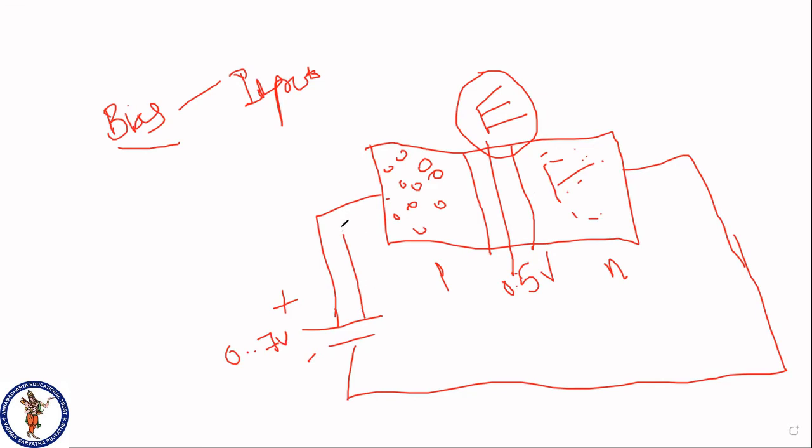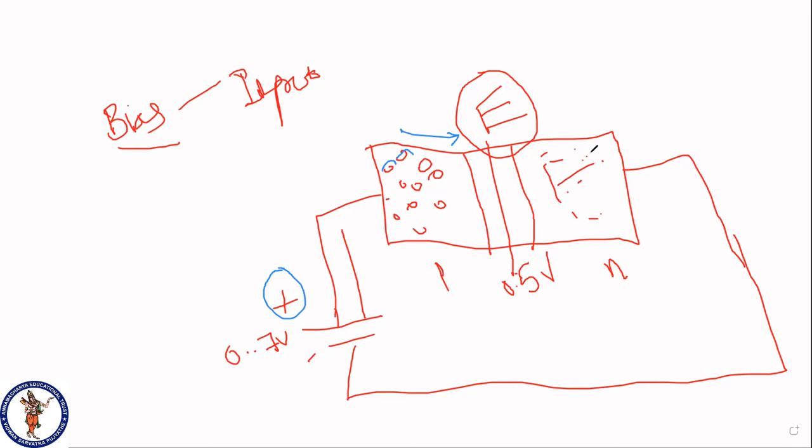Then and only then we will see the flow of electrons and holes from one side to another side. We'll see how. We are applying the positive supply of the battery to the P type, which means there are holes present here, and if we apply a positive voltage to the holes, they will repel each other, which means the holes try to move away from the positive voltage.